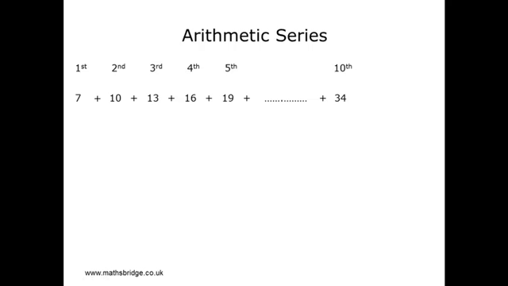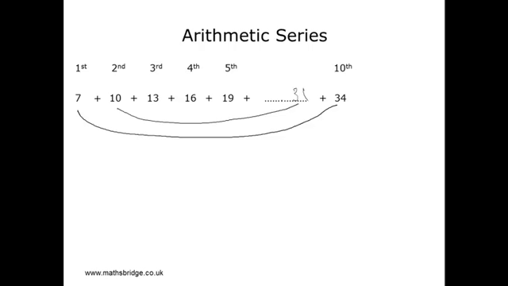Well, if we pair these off, we could pair the first term, this 7, with the 34. The next pair we'd make is the second term 10 with the ninth term. The ninth term here would be 31. And so on. We'll realise now that our 7 add 34 is 41, our 10 add 31 is 41.